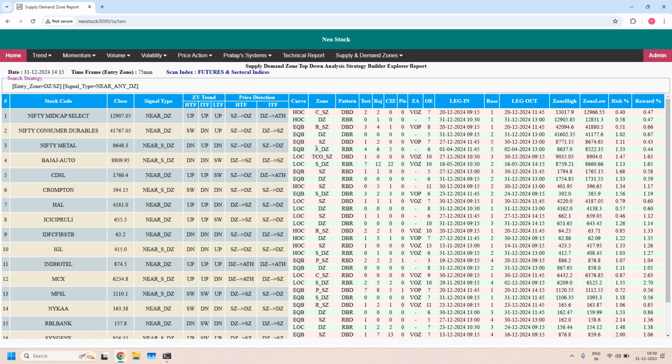Nifty Metals, it is an index not listed in F&O. Bajaj Auto, already tested 7 times, my God. So Bajaj Auto is having a high liquidity zone. Crompton is having a high liquidity zone.